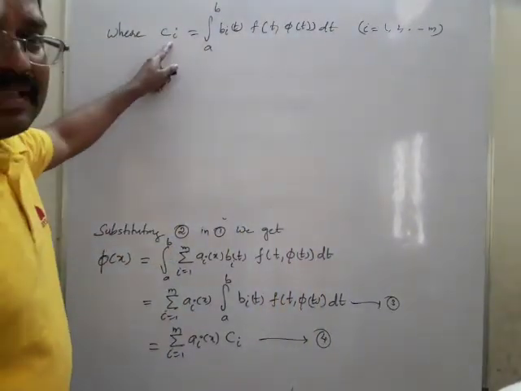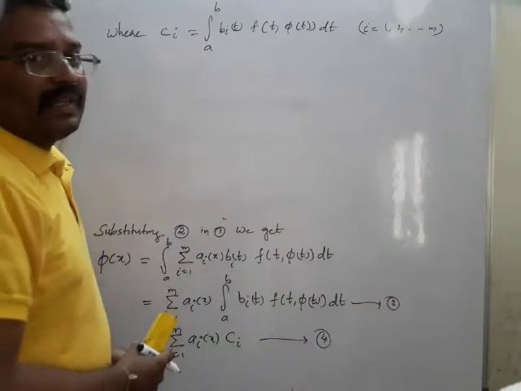You may get c1, c2, c3 and so on up to cm.